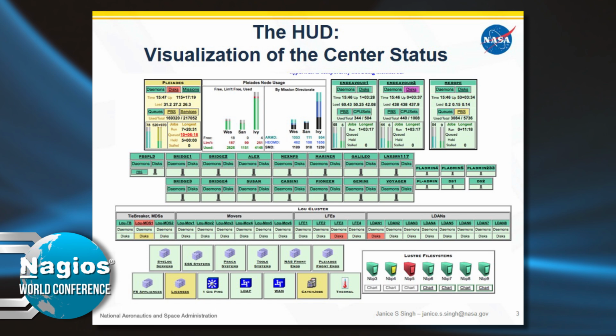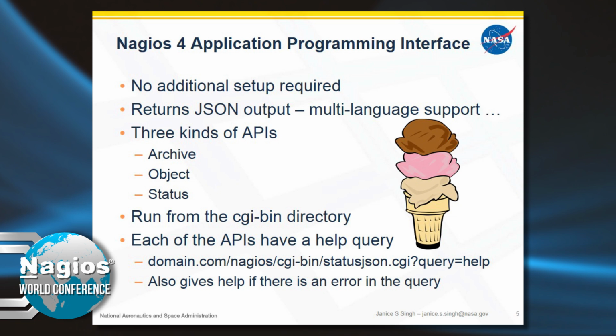We have information on the file systems, the Lustre file system specifically. I'm not going to get into much detail on this, but if you hover over the different parts of it, you'll get more information, and these do click back to the Nagios web interface. And all this data here we get through using Nagios. So I talked about that.